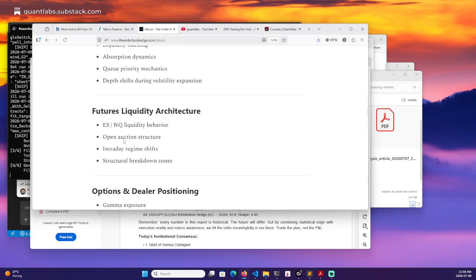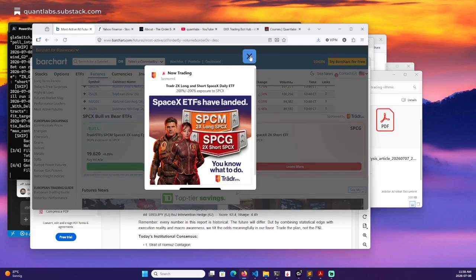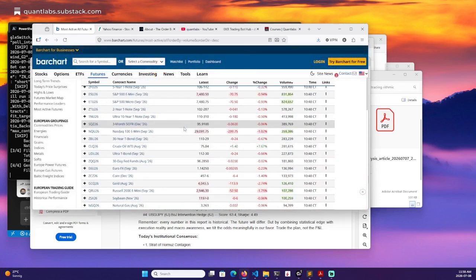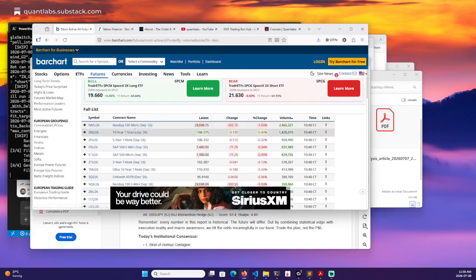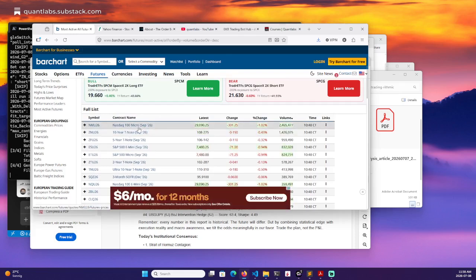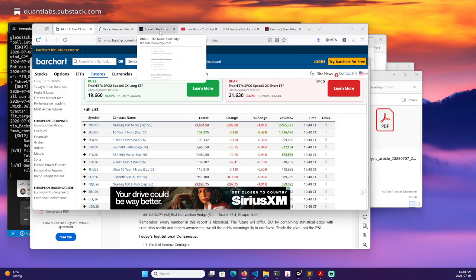Again, most of the volume, when you look at a bar chart, it doesn't matter which side of the market it is, if it's long or short, the biggest drivers will always be the US indices, being NASDAQ and S&P. That's just how it is.